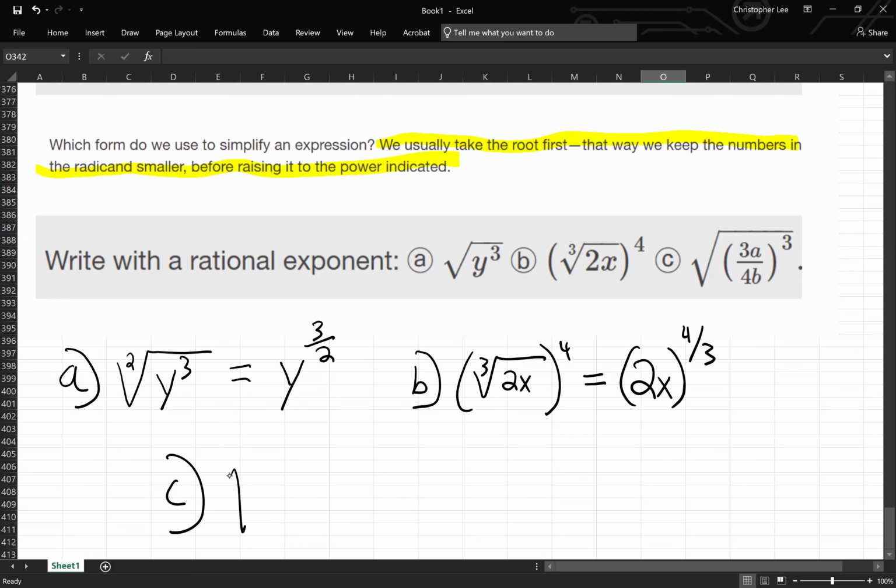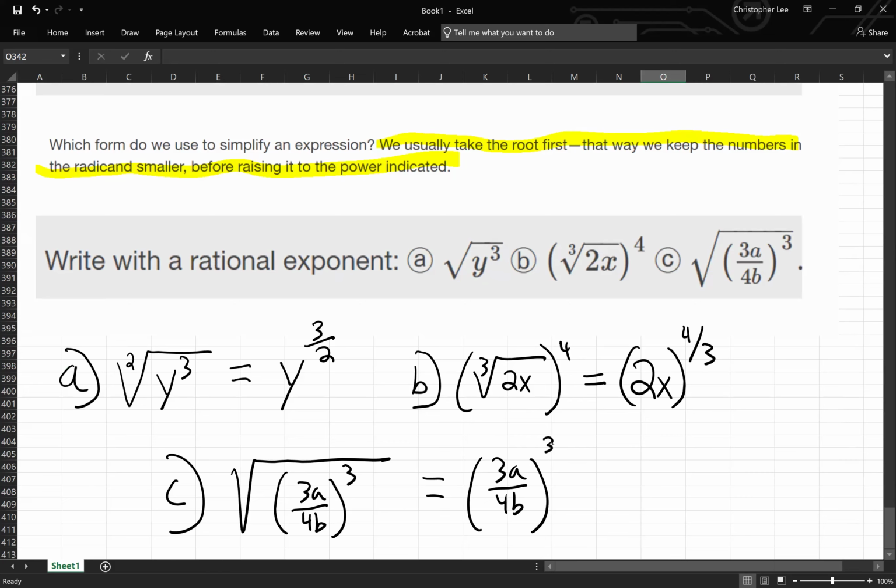I got the square root of 3a over 4b raised to the third power. What's the answer? 3a over 4b to the... say it again? Not 2/3. 3 over 2. Very good. That's it.